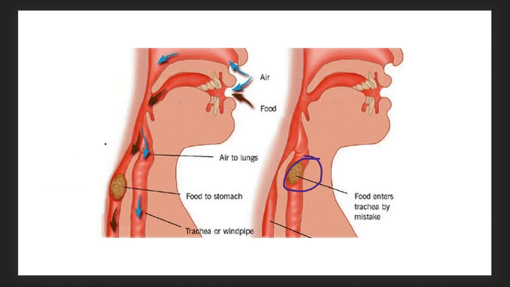When you're eating, the epiglottis blocks the windpipe like that. So when you're eating, it's closed over here. So the food will directly go down through the esophagus. So that is about the esophagus.